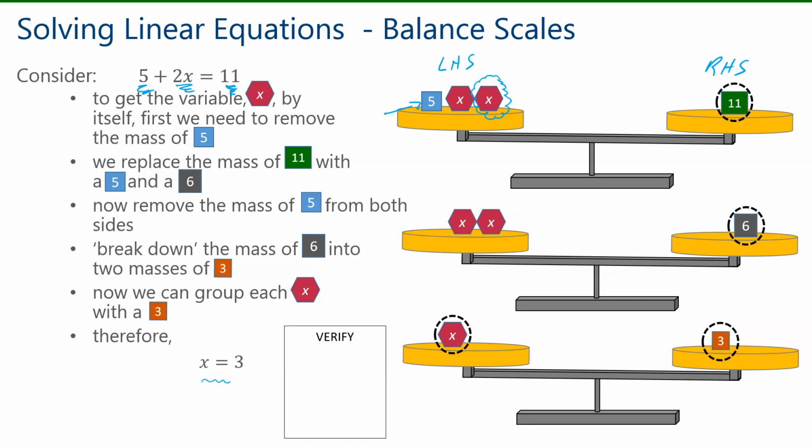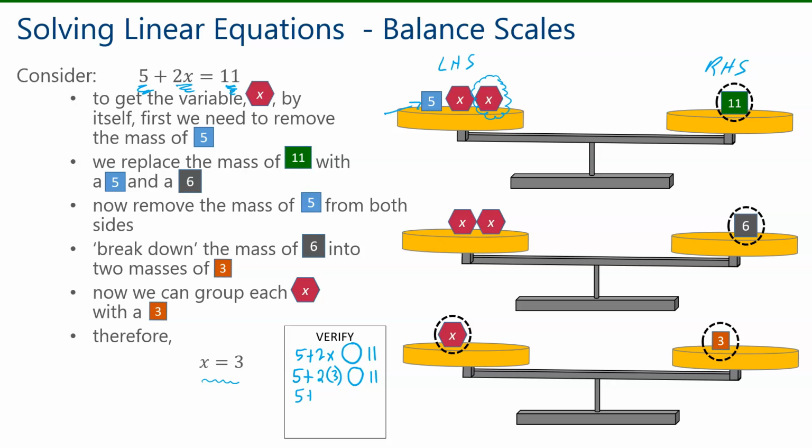So we're going to see if x equals 3, does that actually work? So in the box here, I'm going to put 5 plus 2x, a circle in place of the equal sign, and then 11. We just determined that x is 3. So in place of my x, I put 3. And we're going to see if that does indeed equal 11.